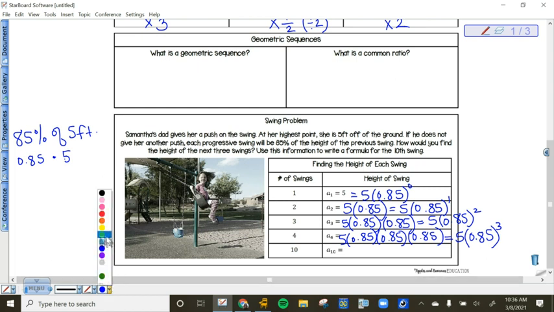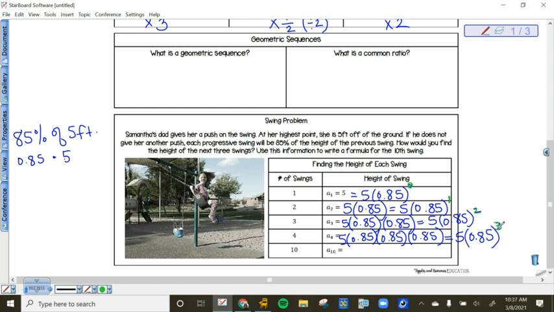So then let's look at the exponents. How do those exponents relate to the number of swings? The first swing, we have a 0 exponent. The second swing, we have a 1 exponent. The third swing, we have a 2 exponent. Fourth swing, we have a 3 exponent.